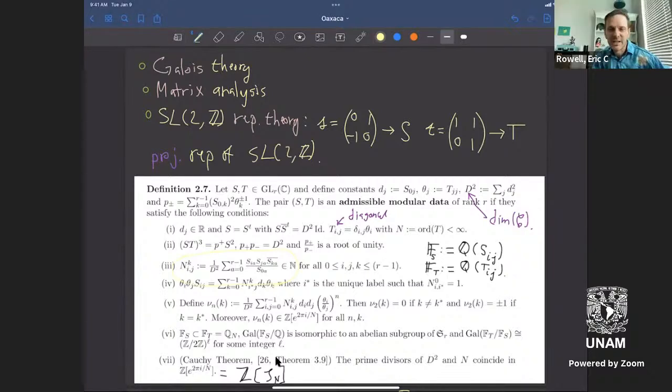Maybe the way to think about it is that the S matrix, one can show, diagonalizes all of the fusion matrices simultaneously. To me, that's really more of an algebraic fact.